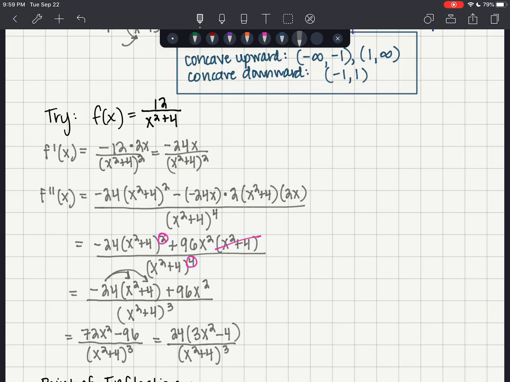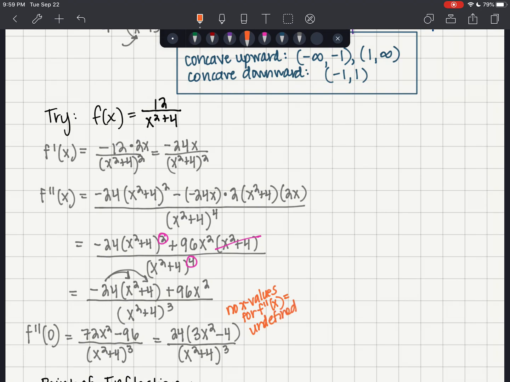Now, if you're turning this video back on and going, okay, yeah, I got that far, and then I kind of got stuck, these are going to be some different numbers. I've got no undefined values, so there's no x values for the second derivative to be undefined.